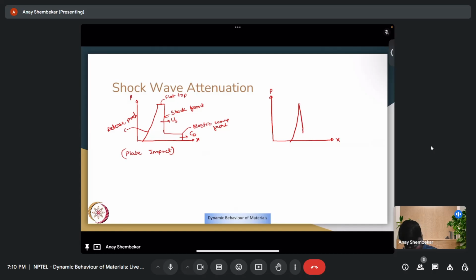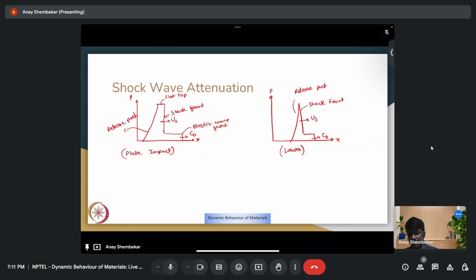You would have a near triangular profile, with a shock front and a release part. This is usually generated by lasers, or I think also using detonation of explosives.